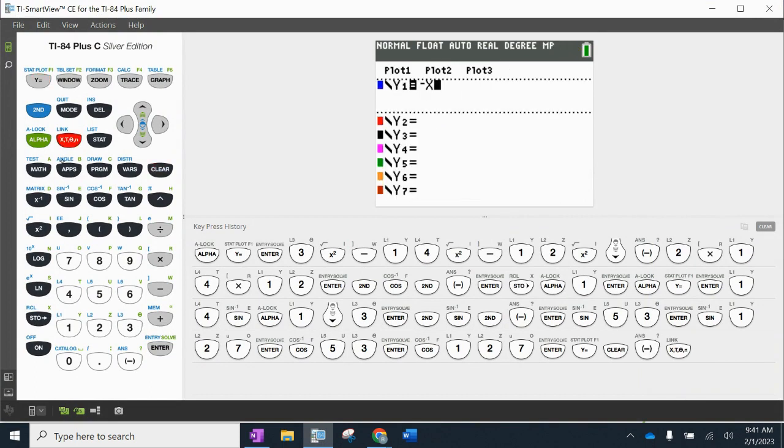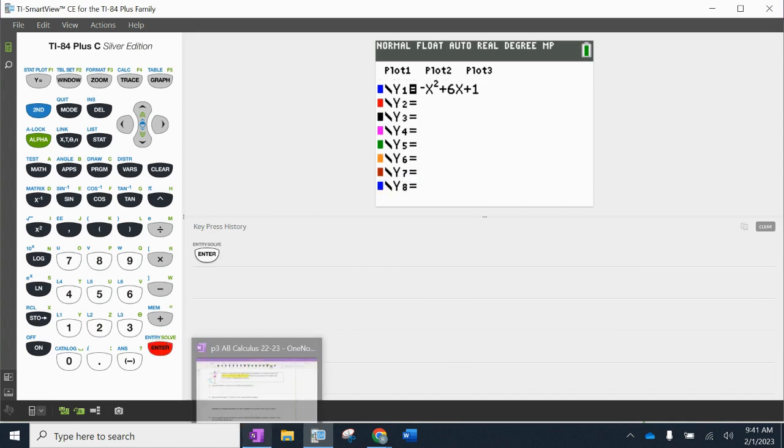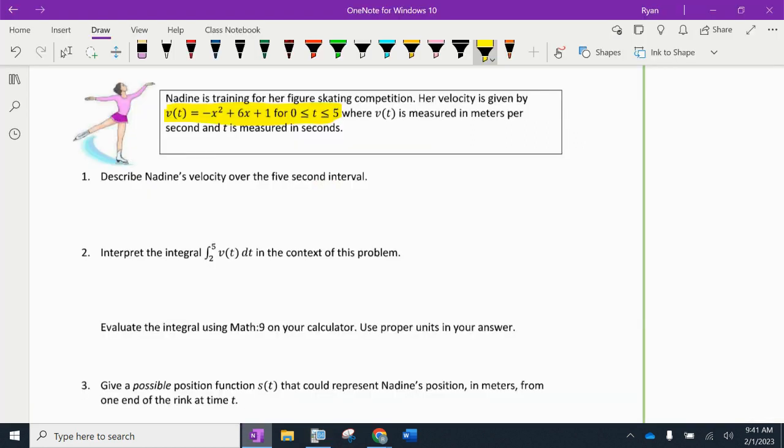Clear, y equals negative x squared plus 6x plus 1.